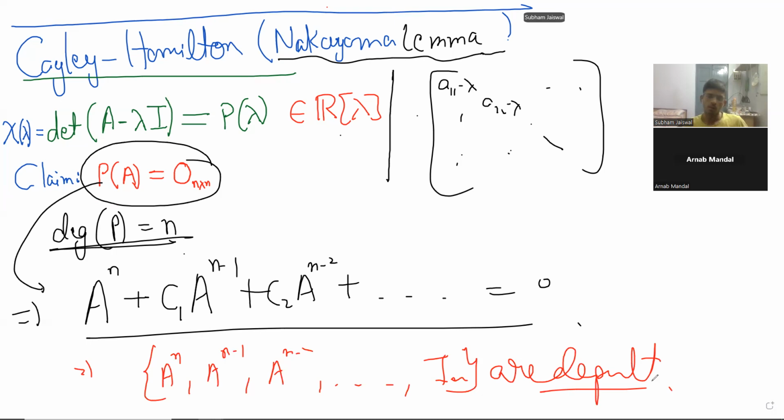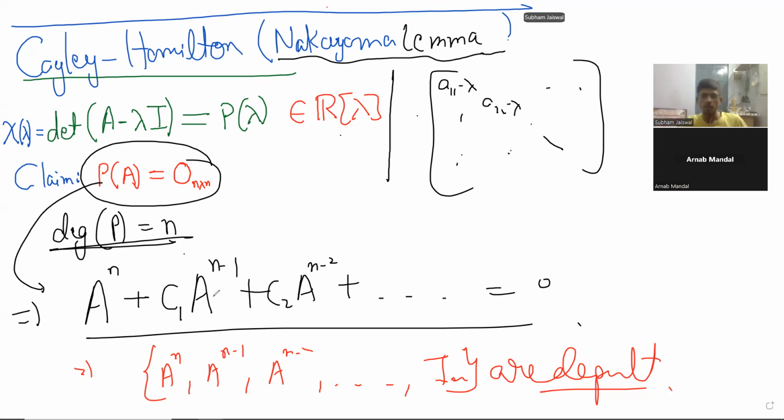Why dependent? You see, you have a linear combination, right? So that's why they are. But we don't know that C1, C2, all those will be zero. So this is non-zero, right? One is not equal to zero. So the dimension is at most n, right?